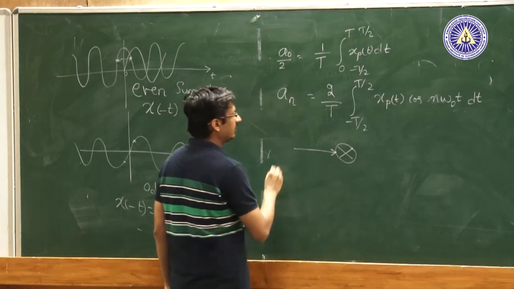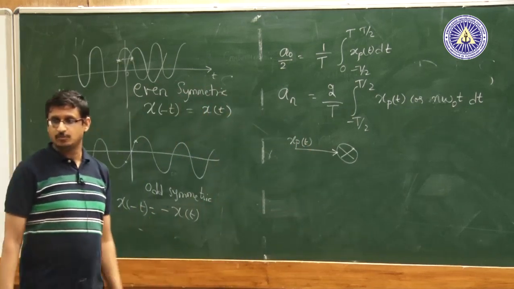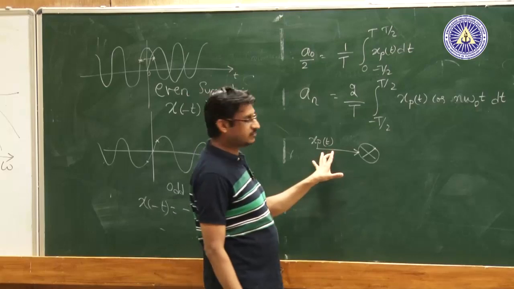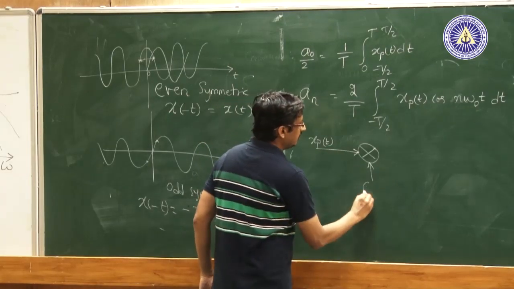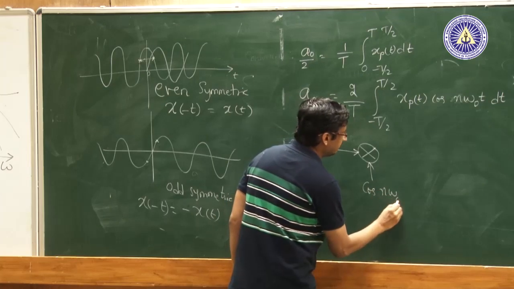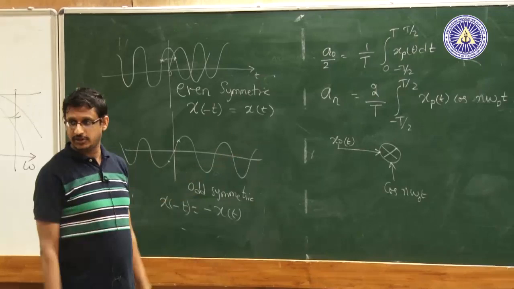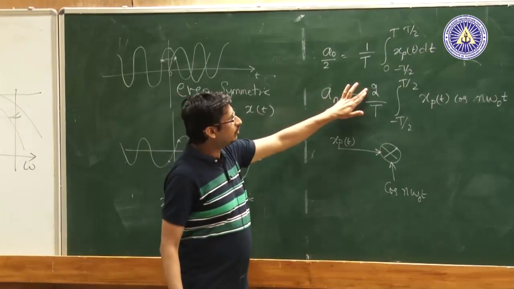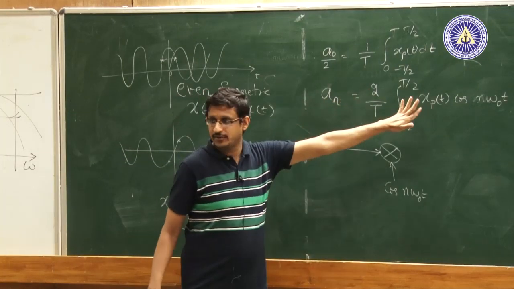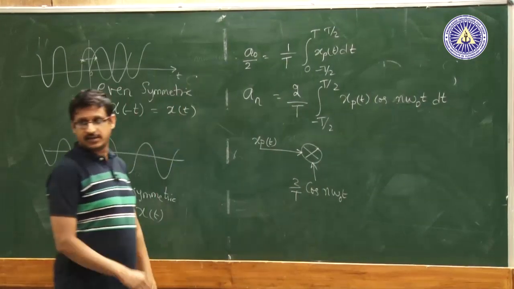So, you have the incoming signal, which is the periodic signal xp of t, and then you mix that xp of t with a signal which you generate from, say, a function generator, which generates a signal of frequency n omega naught with whatever amplitude you want to set. So, you may want to take this 2 by T as the amplitude of the function generator, so you have 2 by T cos n omega 0 t.